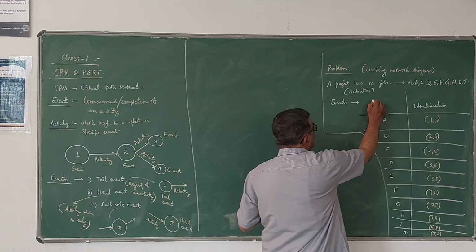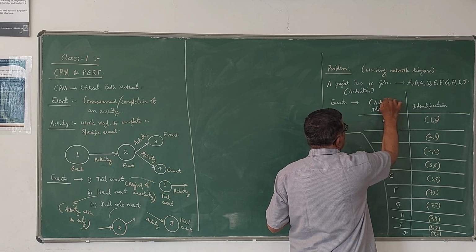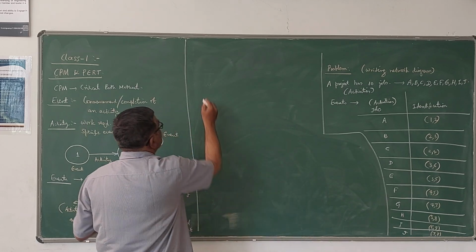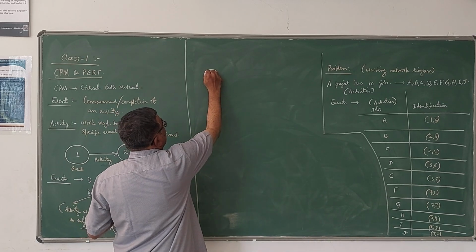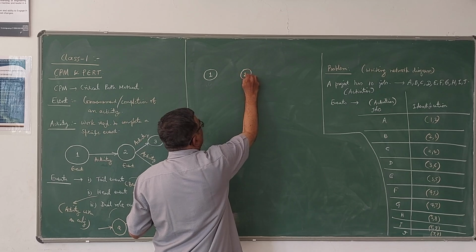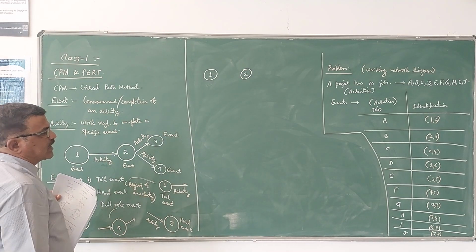A is the activity which connects the events 1 and 2. So I can write like this. Events are denoted by circles, or some books use ovals, squares or rectangles also. We will use circles here.